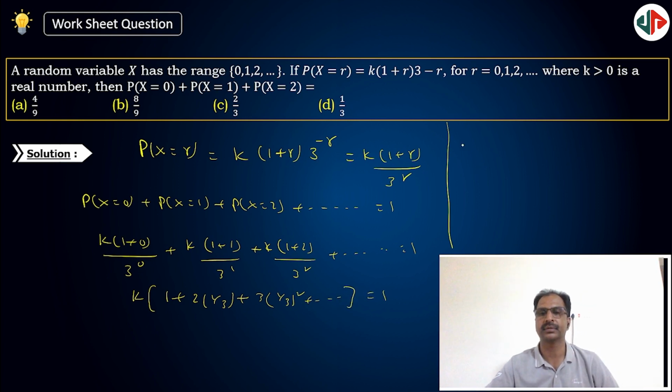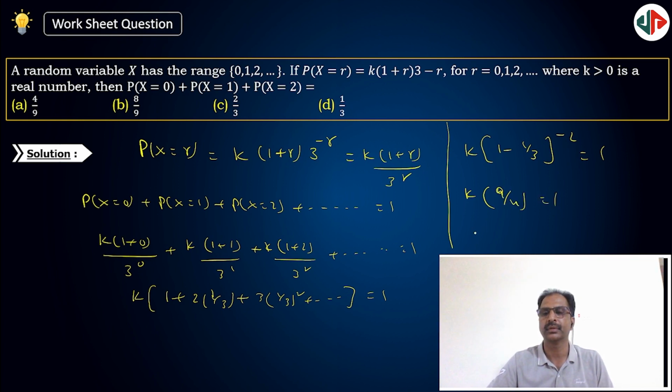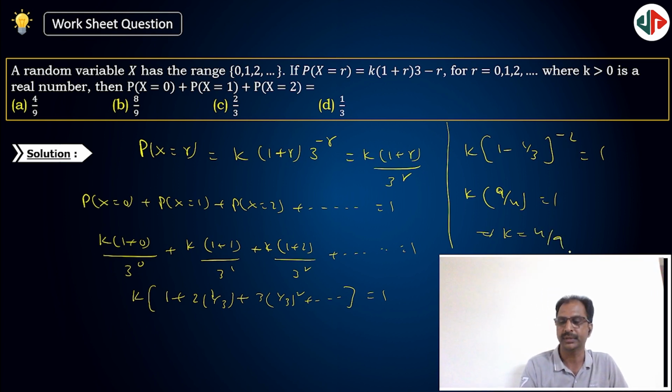Already we did this. 1 plus 2x plus 3x square plus so on is nothing but 1 minus x whole power minus 2. So this is 2 by 3 whole power minus 2, or 3 by 2 whole square, which is 9 by 4. So the value of k is 4 by 9. Option A.